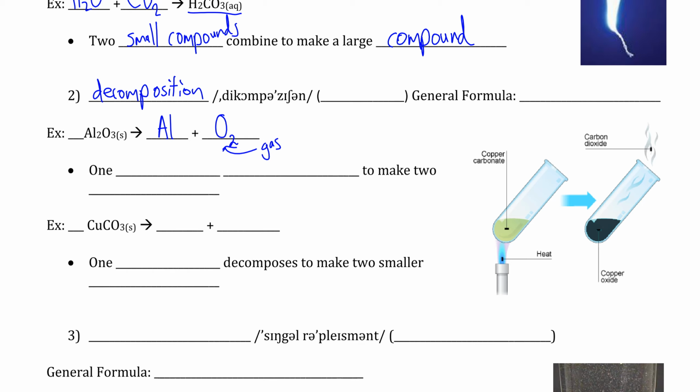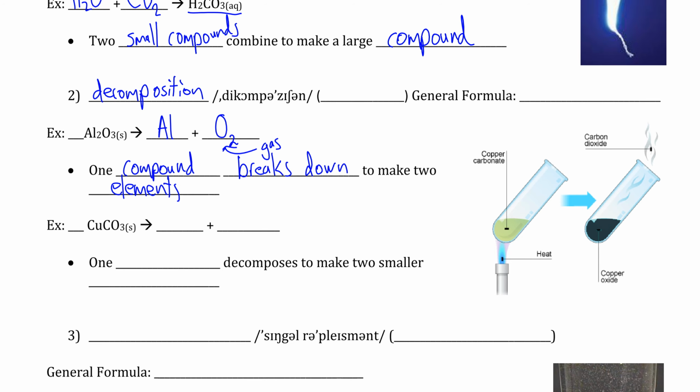So we have one compound in this case because instead of starting with two reactants, we're taking the compound from a synthesis reaction, and that's going to be our reactant, and then that compound is going to break down in order to form two elements in this case.